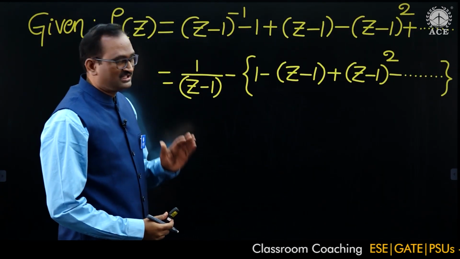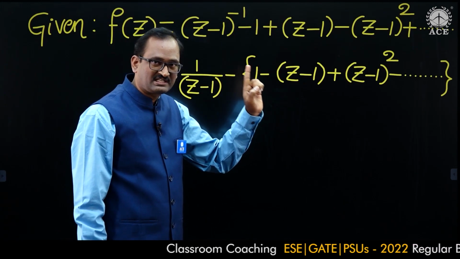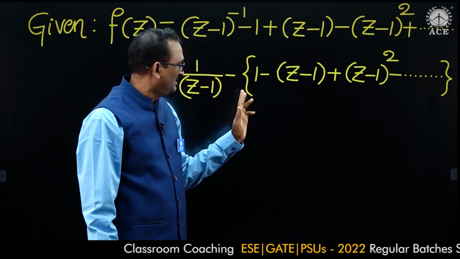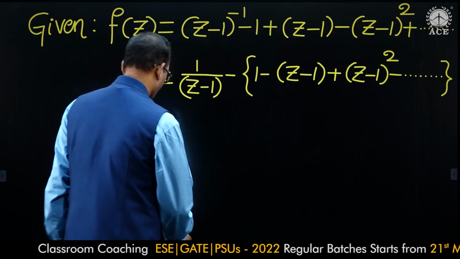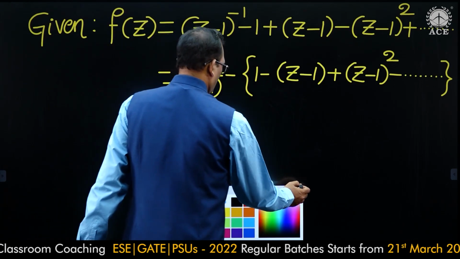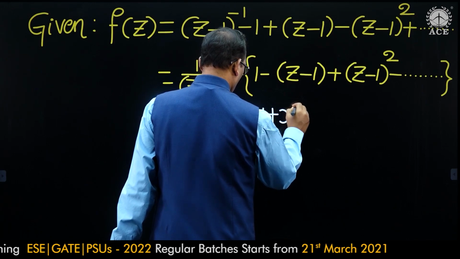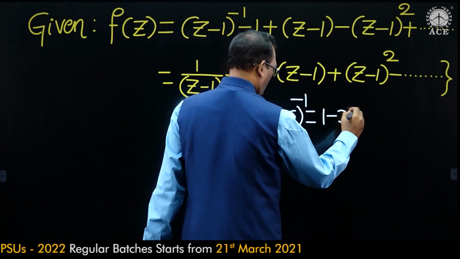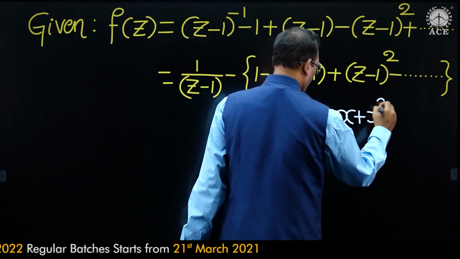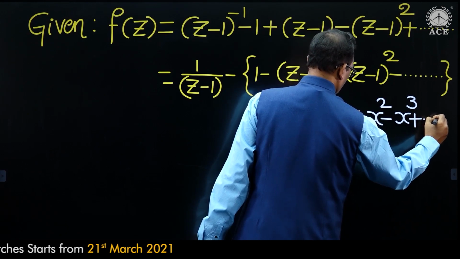Do you know the binomial expansion of 1 plus x whole power minus 1, that is 1 minus x plus x square so on. The binomial expansion of 1 plus x whole to the power of minus 1 is equal to 1 minus x plus x square minus x cube plus so on.